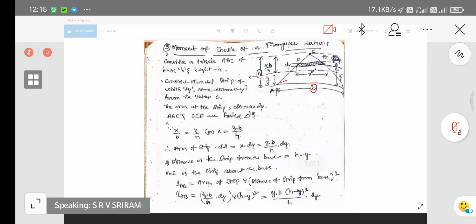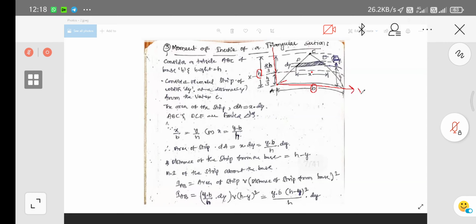From that centroid, if you take any elementary strip from the base axis, you can derive the expression. But here I am going to derive from the base, so first of all I have considered this triangle from the base.